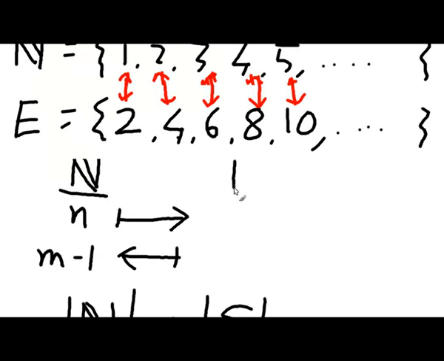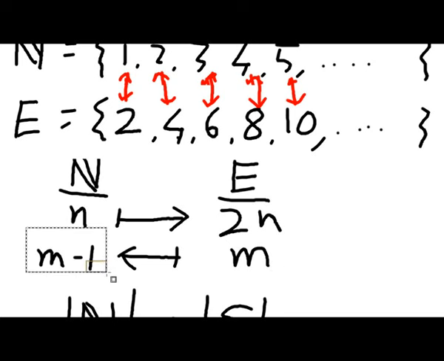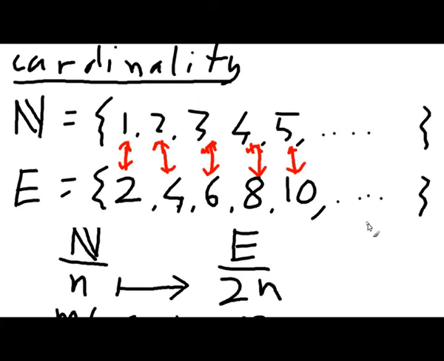A natural number n pairs up with 2 times n in the set of even natural numbers, and an even natural number m pairs up with m by 2 in the set of natural numbers, right? So that's how the pairing looks.